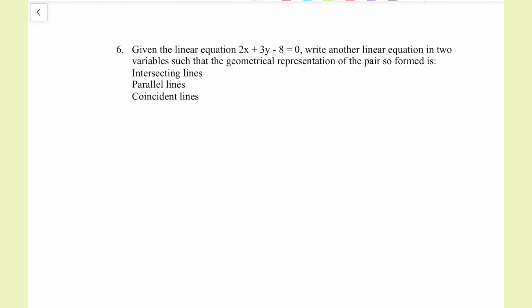So in short, he gave one equation, 2x plus 3y minus 8 equals 0. Now we need to create one more equation so that both equations are intersecting. Again, we need to create one more equation so that the given one and the created one form parallel lines, and the same with coincident. So first let us do intersecting lines.